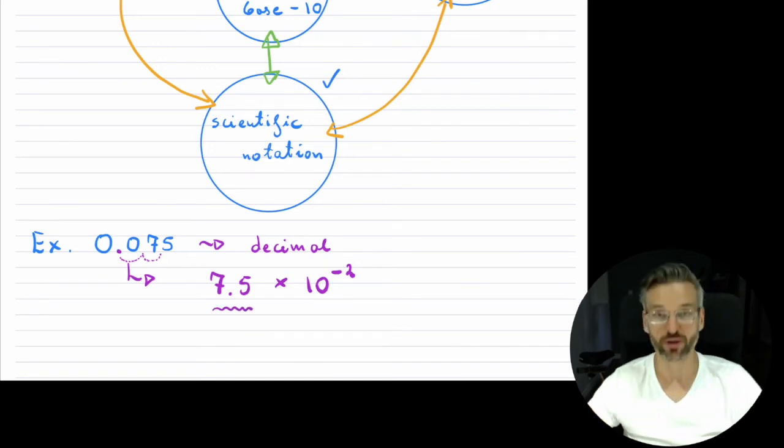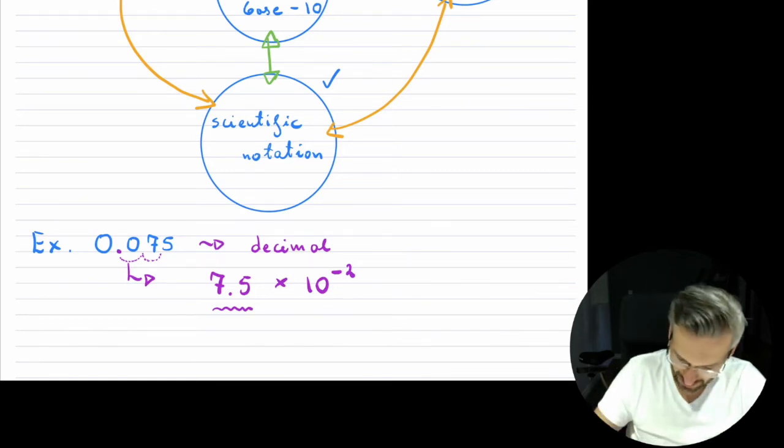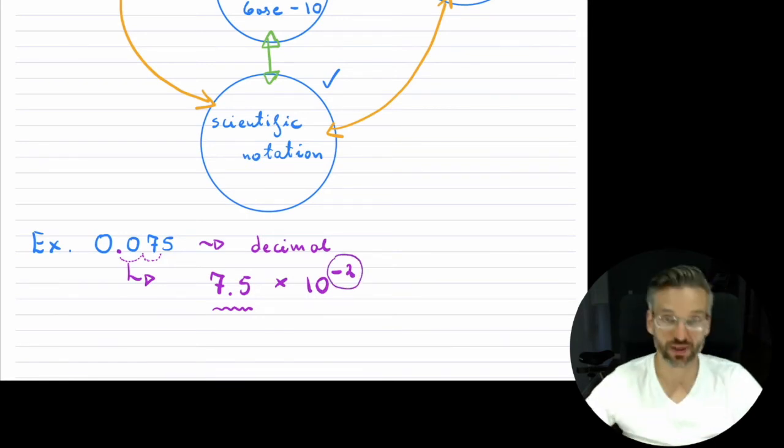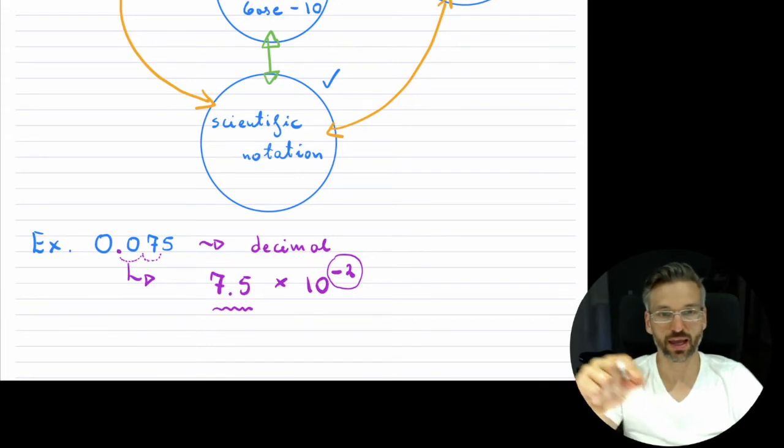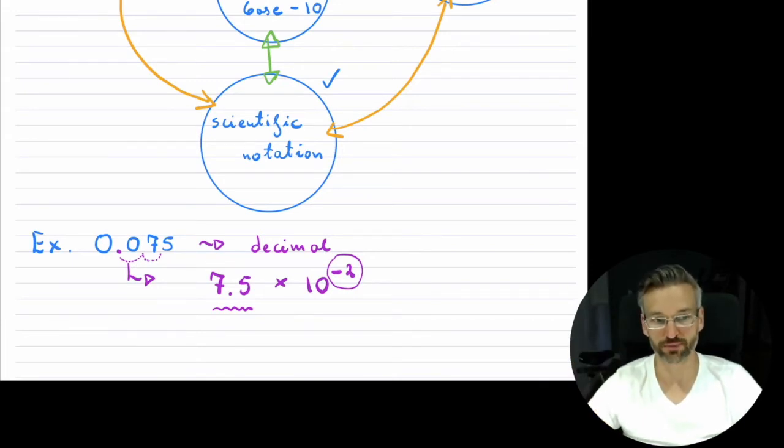So that is your mantissa. Because you moved it over by 2, that is where this negative 2 comes from, because we shifted the decimal over. And that would be a conversion between a decimal and a scientific notation number. All right, so that's what we have there.